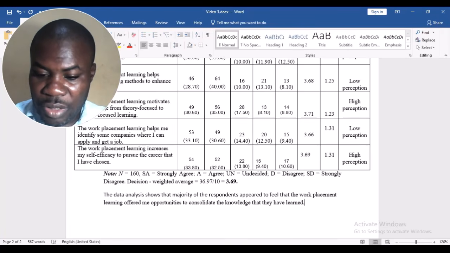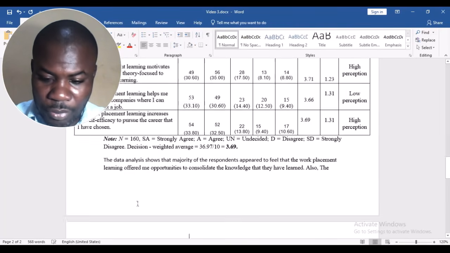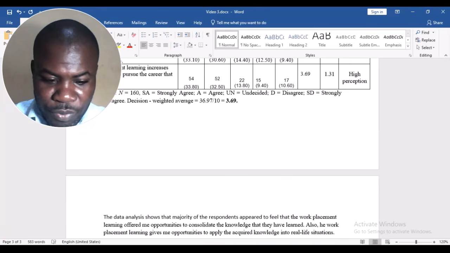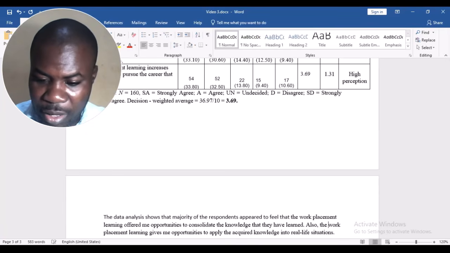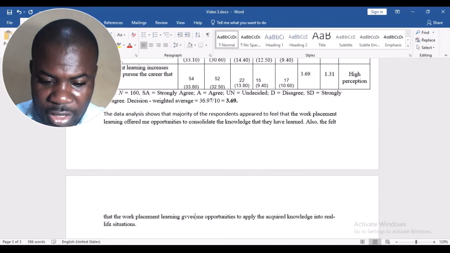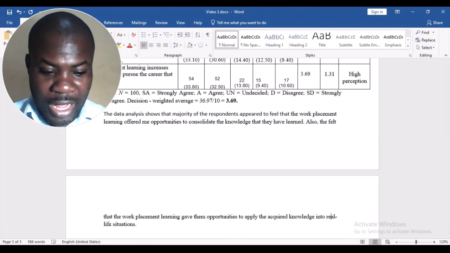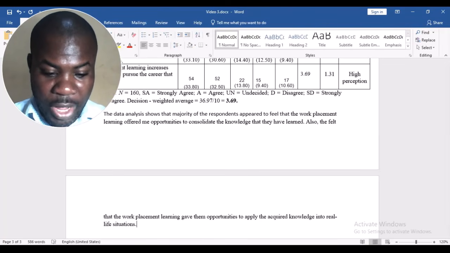And I'll say also, they felt that the work placement learning, so I can change this to past tense, gave them opportunities to apply the acquired knowledge into real life situations. So this can also help.